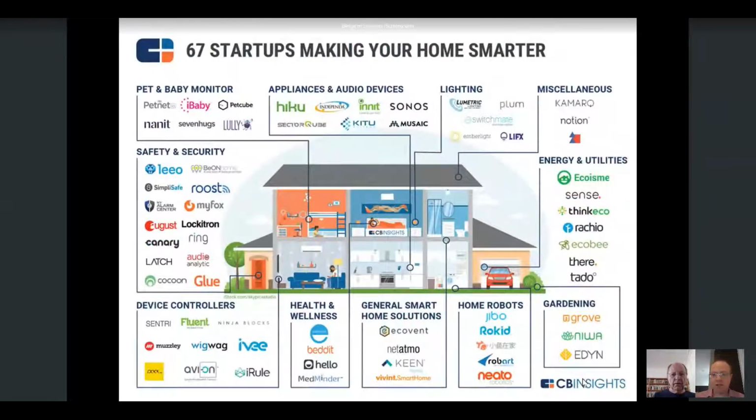One of the other slides they showed was from Houston, Texas, before they had their current energy crisis. And this was in 2017, the 67 apps that were making homes smarter. And you can see how many of them on the right deal with energy and utilities or lighting.